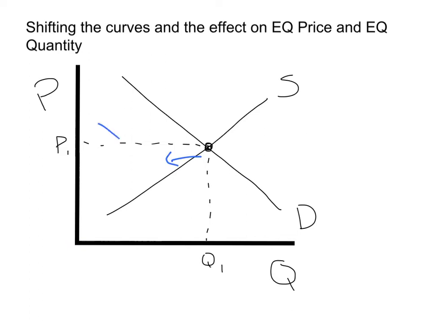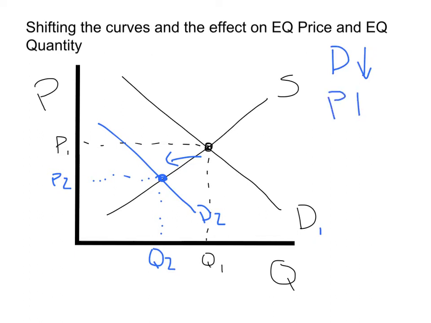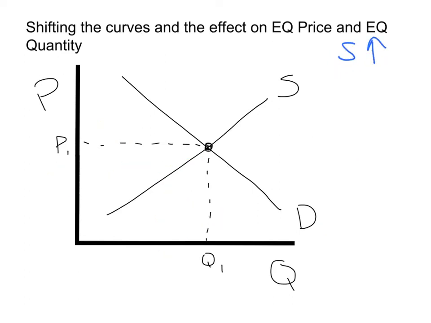So if we have our demand 2 curve drawn to the left, we now have our new equilibrium price labeled as price 2, our new equilibrium quantity listed as quantity 2. When demand decreases, price decreases as well as quantity. Same thing. Quantity shifts to the left, price decreases as well.